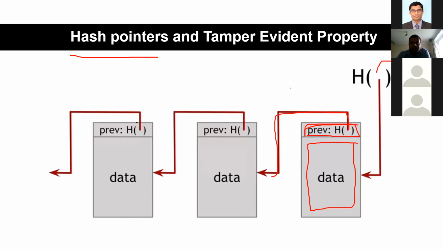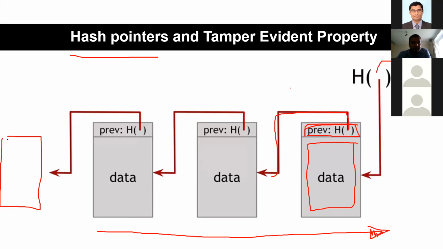I think the arrows are quite misrepresented. Let me come back again. Okay, right. So let's say we start from here. Time is increasing in this direction. This is the first block, the initial data. There is a lot of information written here.